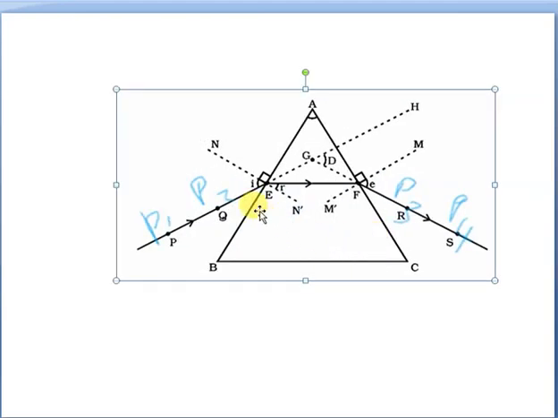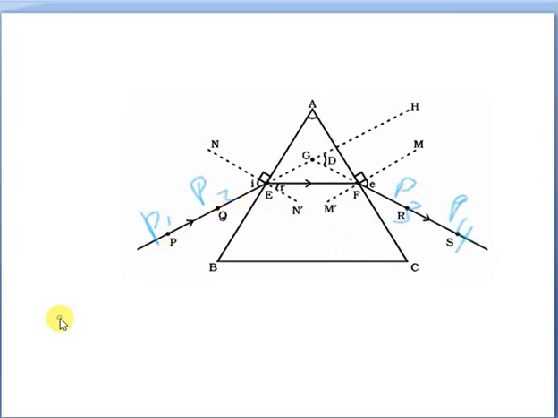Once you view it through the side AC and pins P3 and P4 are in a straight line with the images of P1 and P2, you can remove the pins and join P3 and P4 using a straight line. Then remove your prism and equally draw a normal. Then you join this ray also, this straight line EF.